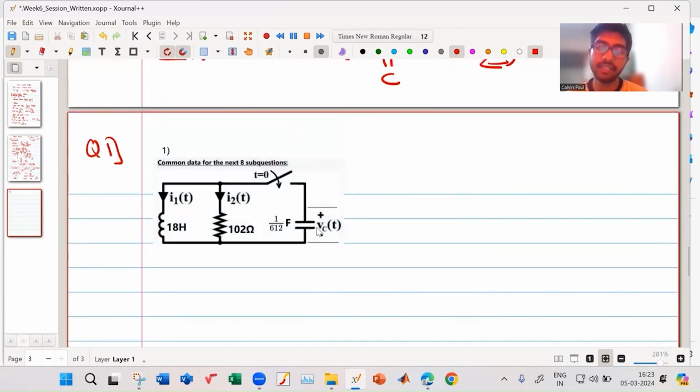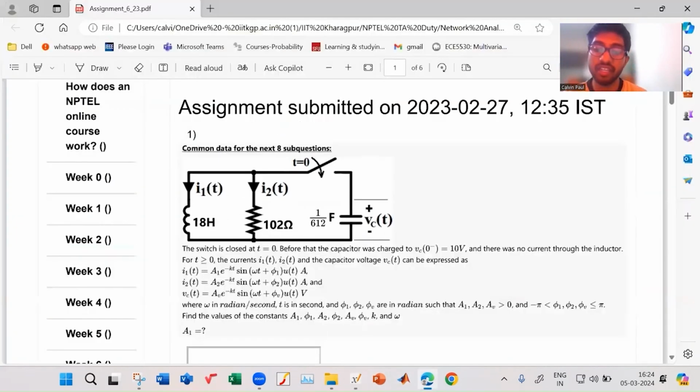In this circuit, we have to find VC of t, I1 of t, and I2 of t. These are what we want to find out.